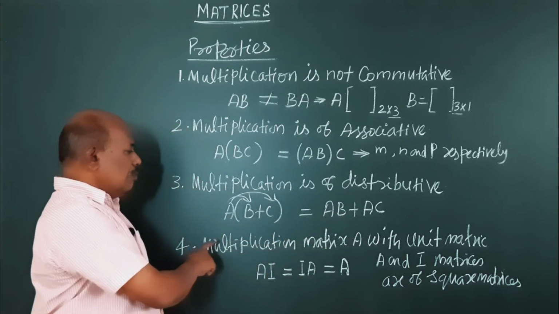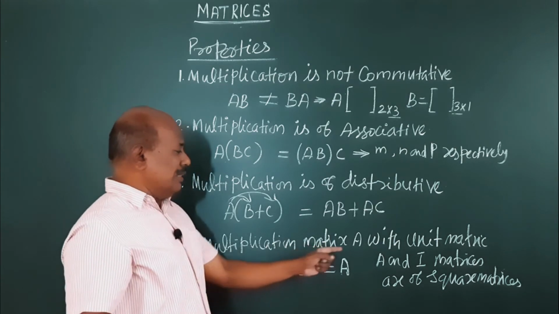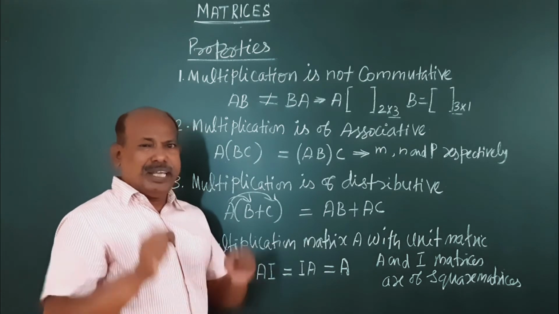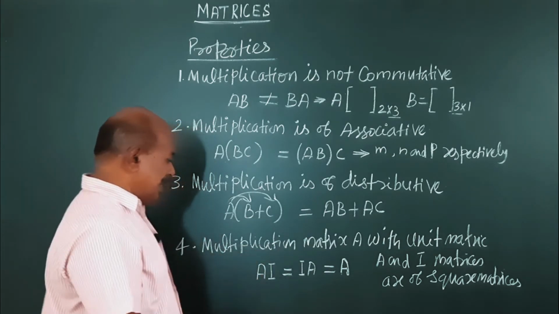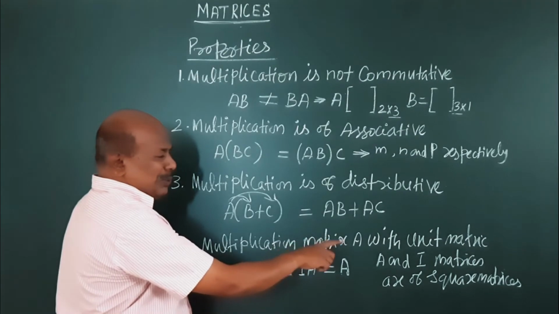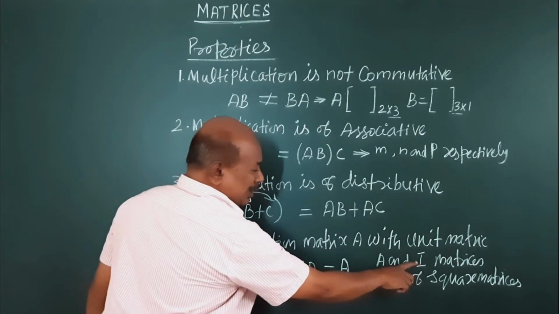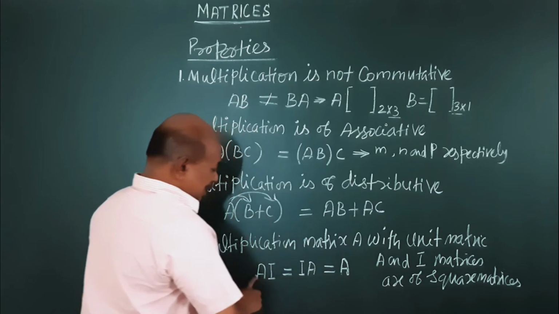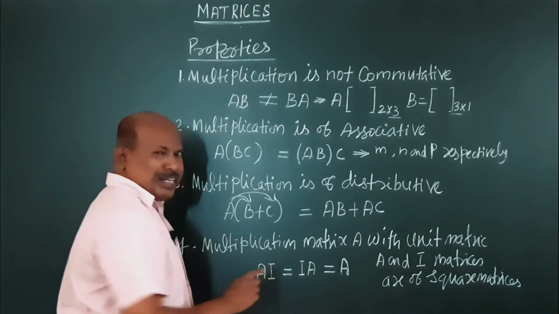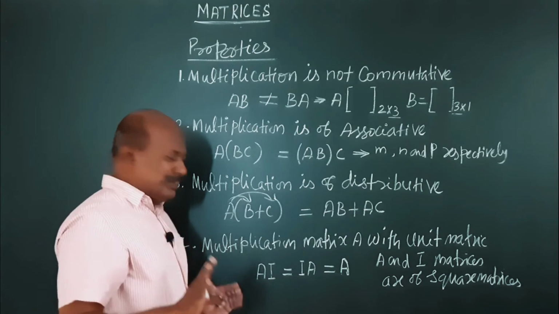Next, multiplication of matrix A with the unit matrix gives the A matrix. You see here, the A matrix as well as the unit matrix, denoted I, are square matrices.